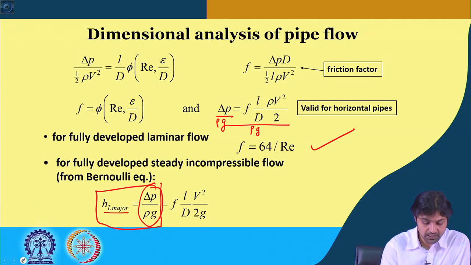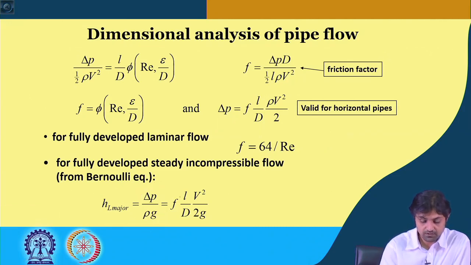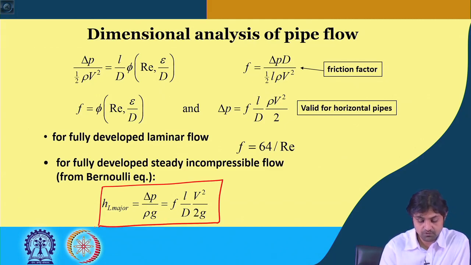So the major head loss is going to be FL by D into V square by 2G.